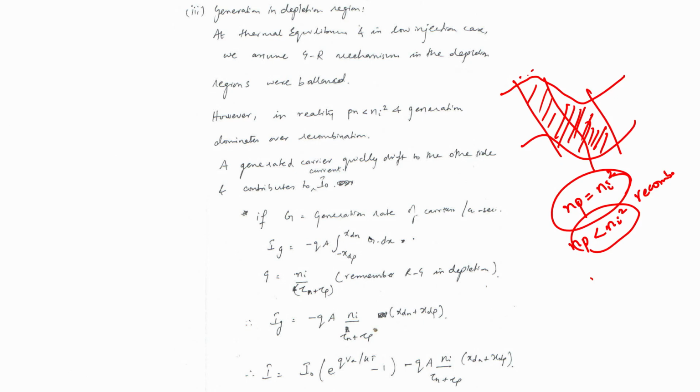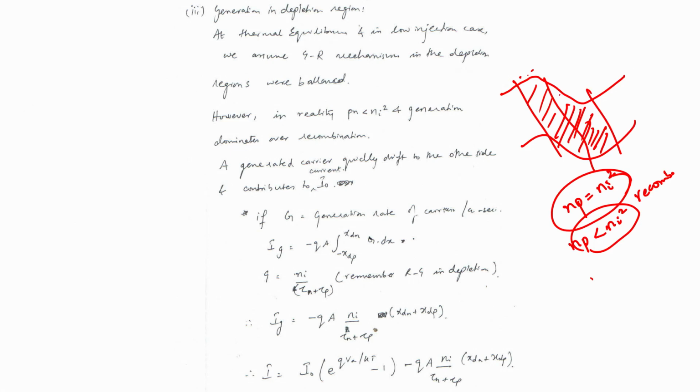In some sense, by depleting this PN junction, you have altered this balance of generation and recombination of carriers, and you have encouraged generation a bit more than recombination. That is, you will be generating carriers in a heavily depleted, heavily reverse biased PN junction diode.